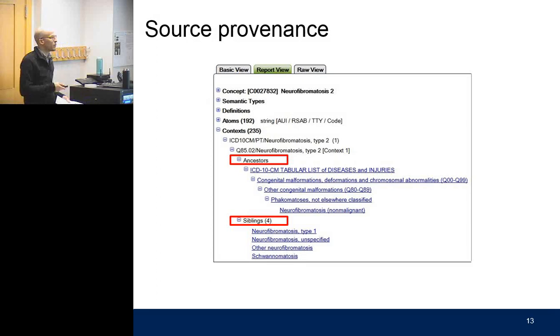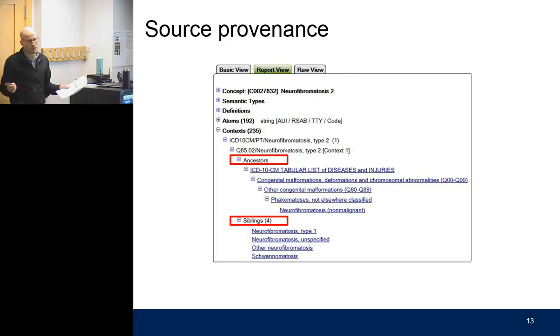To see an example of that, we're back to our neurofibromatosis 2 record, and we see in the context tab down below an example of how neurofibromatosis 2 is represented in ICD-10-CM, which is one sample ontology. And under the Ancestors tab, we see a snippet of the hierarchy of where that concept exists within ICD-10-CM.